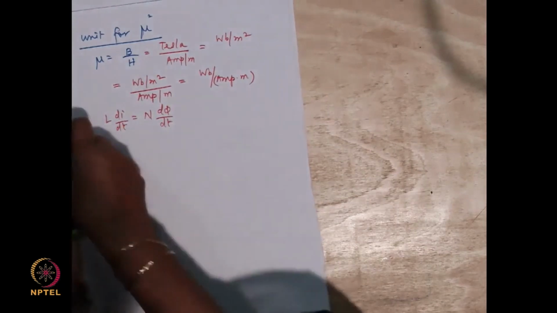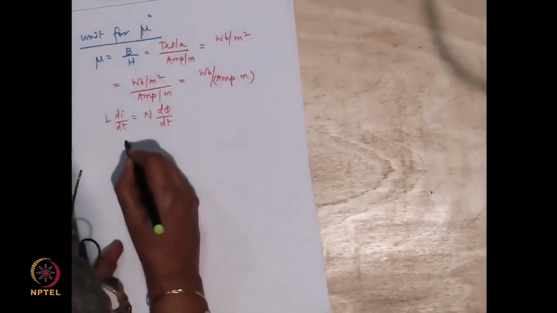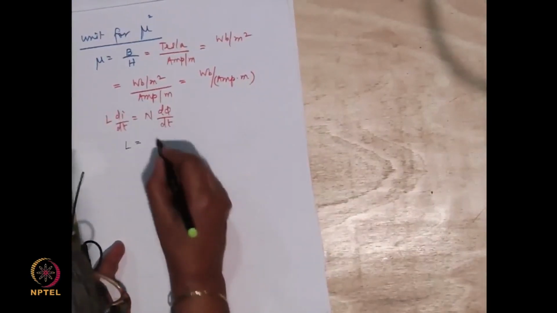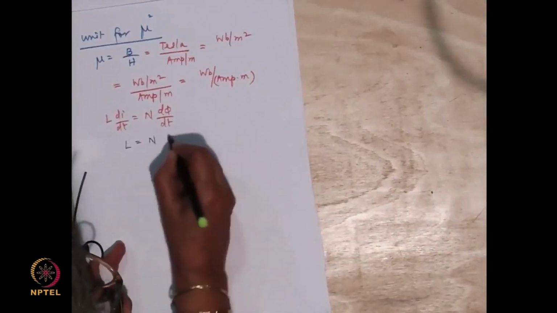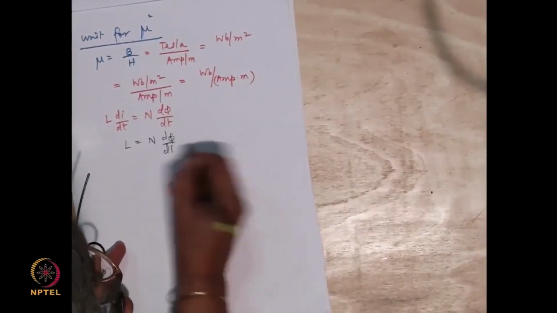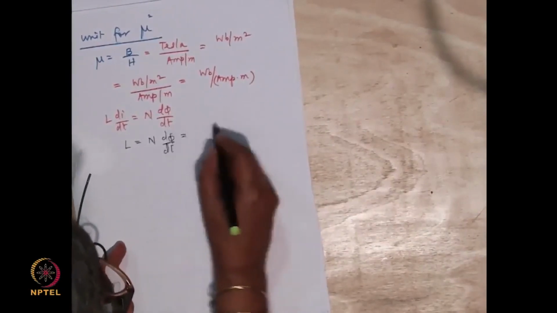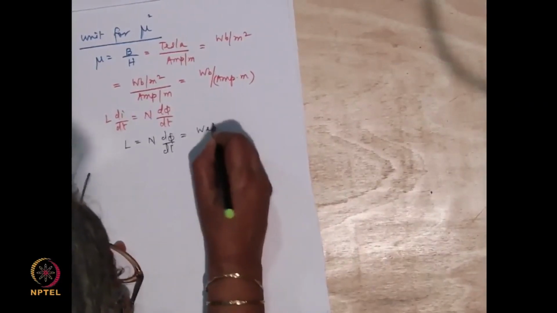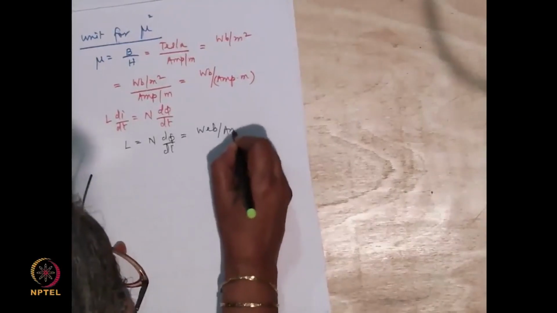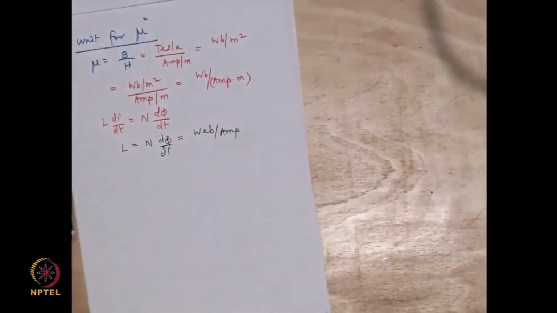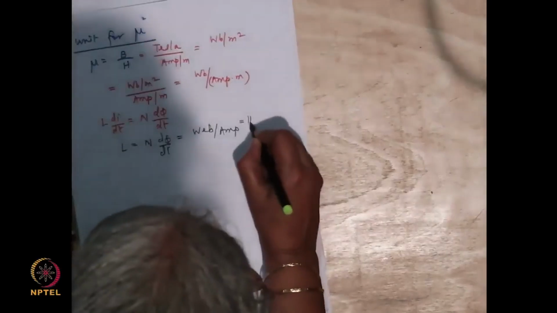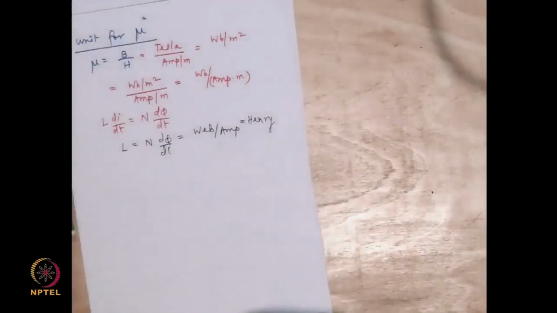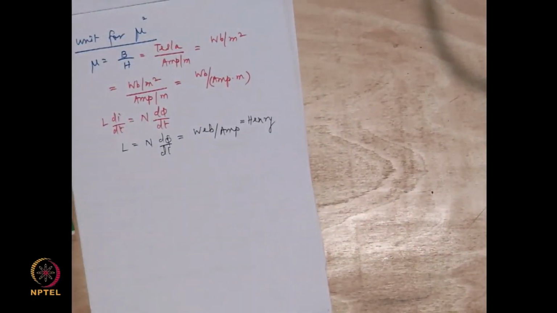So from here I should be able to say that L equals N d phi by di. N does not have any dimension, so it is Weber per ampere, right? So Weber per ampere is Henry. Inductance is normally measured in Henry.